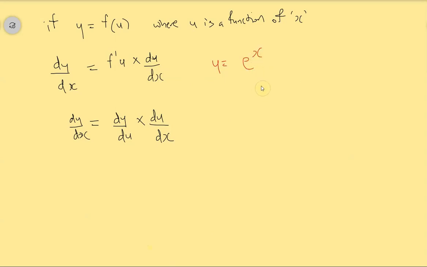Let's start simple. This does not require the chain rule, by the way. I'm just doing this so that you can have a basic understanding. Now dy dx would be equal to e to the x. So if you differentiate e to the x, the result is just e to the x.